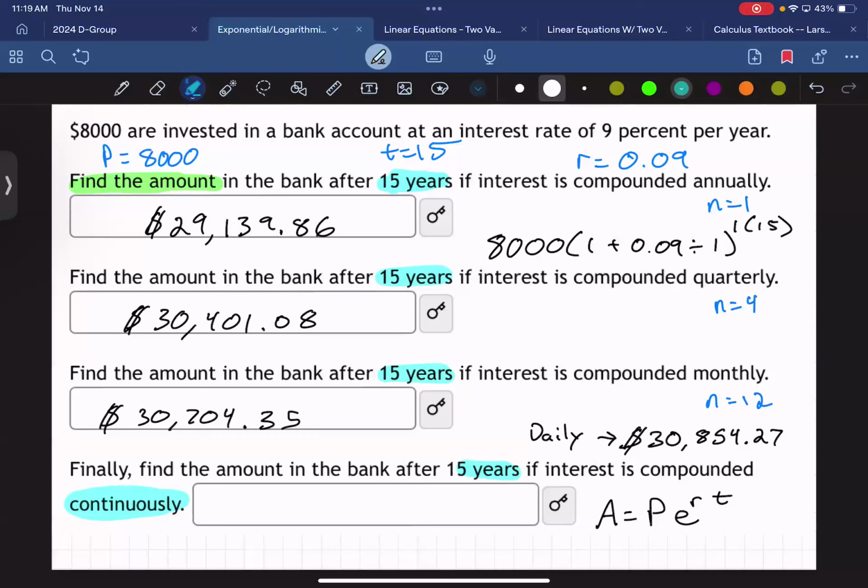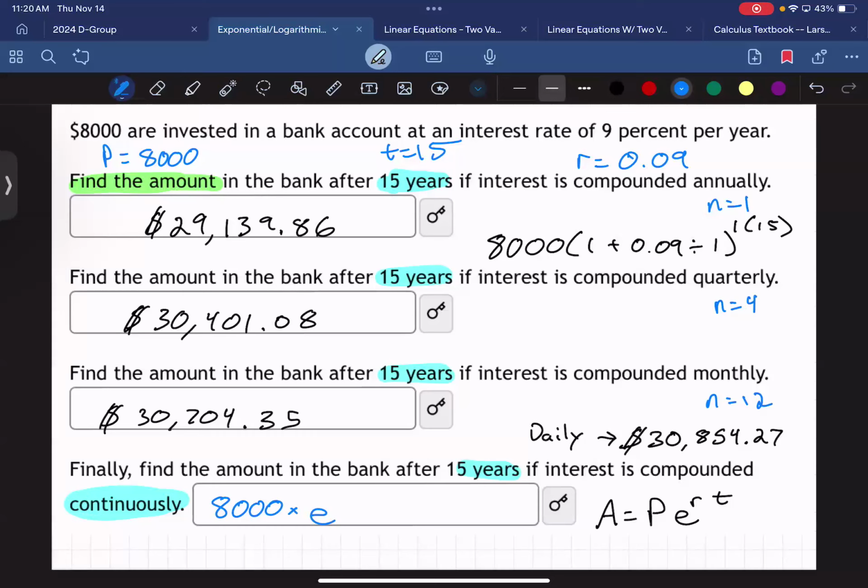When we get to continuously, that's where we're going to say, hey, now we have a new formula. This is where the second part of your calculator is going to be important, because now you have to use that E key. So as we deal with this one down here in your calculator, what you want to do is put it as the 8,000, and you're going to put times your E, which is, I don't remember exactly where it is.